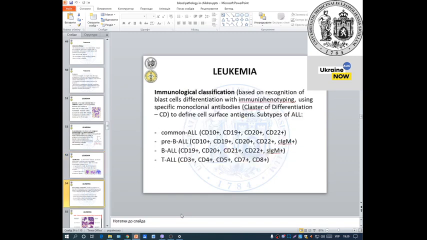Another is the immunological classification, based on recognition of blast cell differentiation with immunophenotyping using specific monoclonal antibodies, cluster of differentiation CD, to define cell surface antigens. Main subtypes of acute lymphoblastic leukemia are common acute lymphoblastic leukemia, pre-B acute lymphoblastic leukemia, B acute lymphoblastic leukemia, and T acute lymphoblastic leukemia.